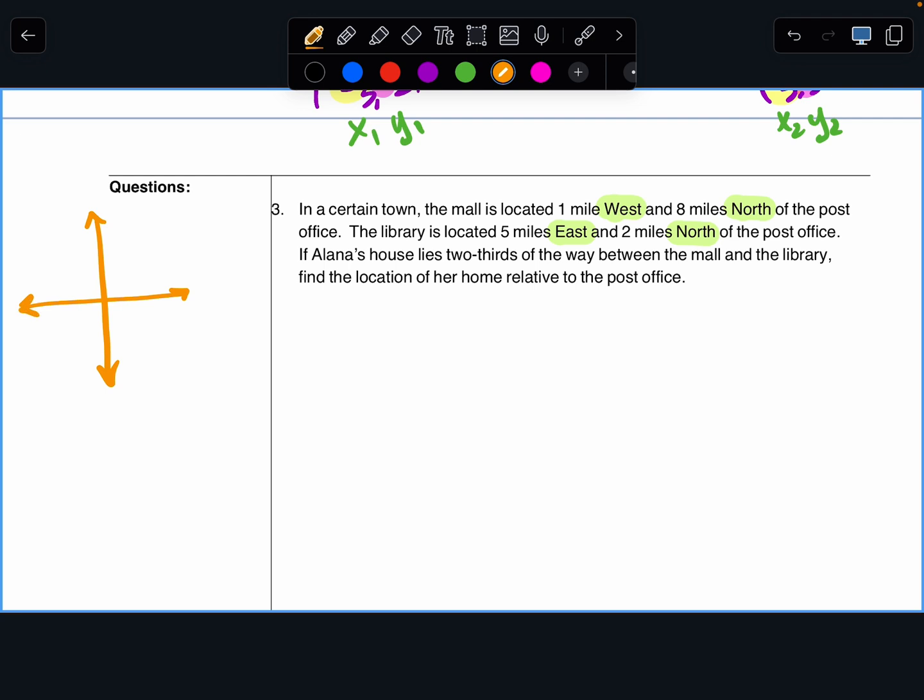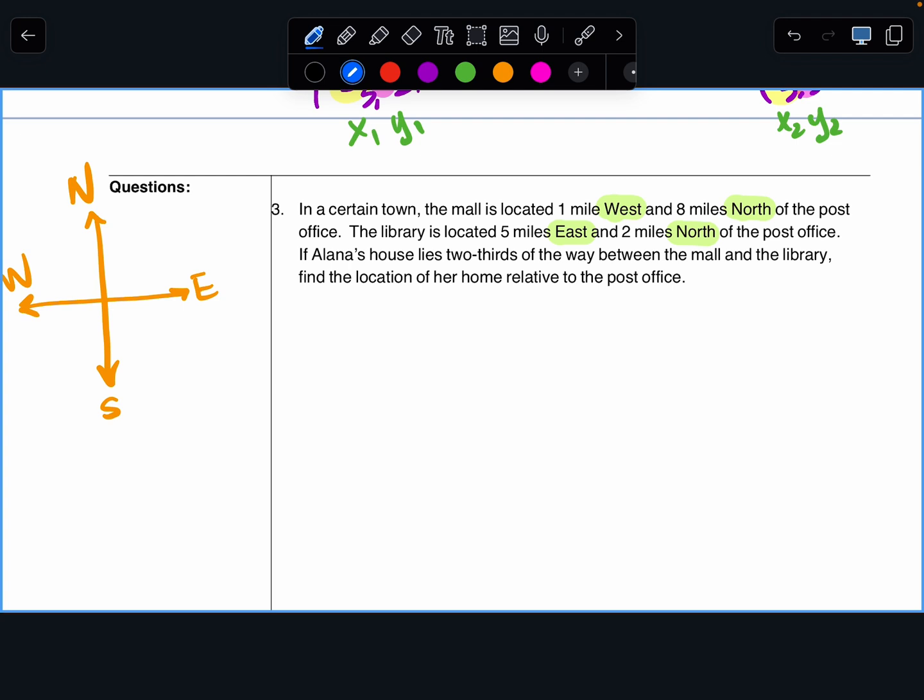Where is north on that compass? Up top? Do you know the funny phrase to put your coordinate directions? Never eat soggy waffles.